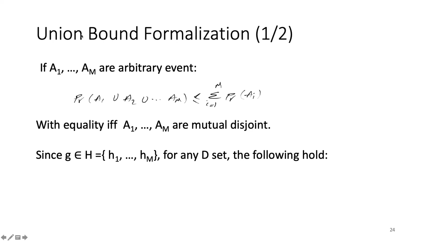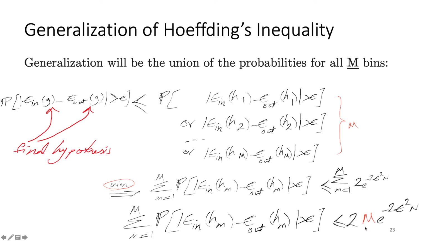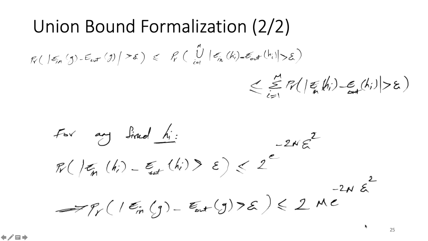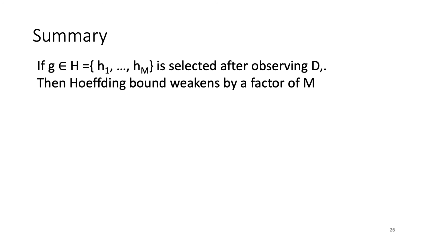This is just the way we formulated the union bound to come up with this. I'm just going to quickly go over this. You can have a look at it later. So finally, we know that if g is coming from H, and it was selected after observing your data set D, then Hoeffding's inequality bound is going to be weakened by a factor of m, because we need to add that m in order to estimate that correctly.